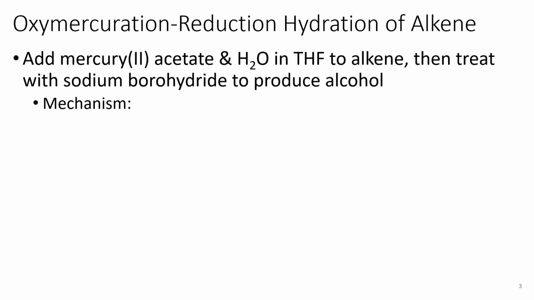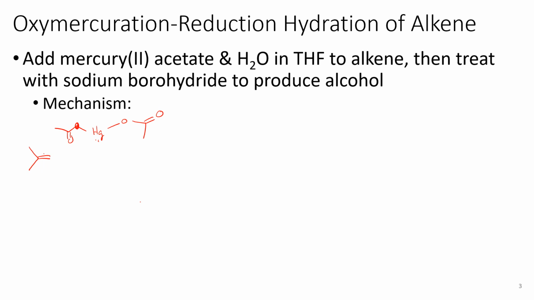So let's look at the mechanism associated with our reaction. We have the alkene. We are also going to have our mercury acetate. So mercury is going to be associated with 2 acetate ions. And mercury being a transition metal, it has d electrons associated with it. So it still has some electron density around it that is not being utilized in bonding or in charge distribution.